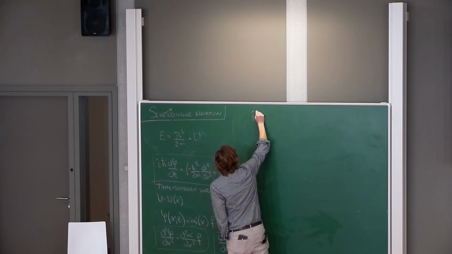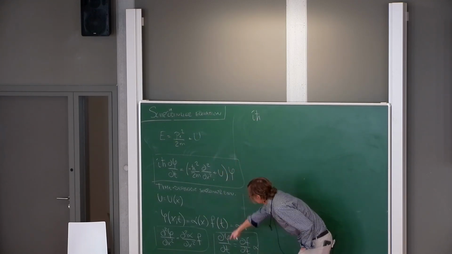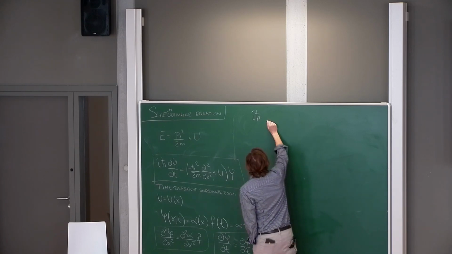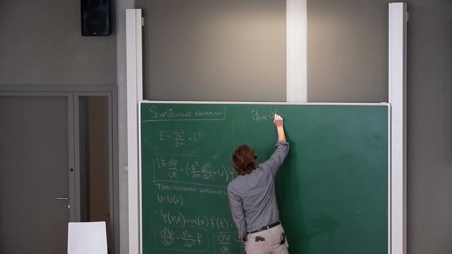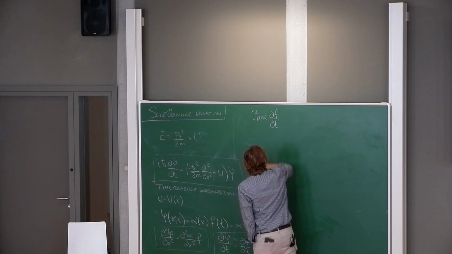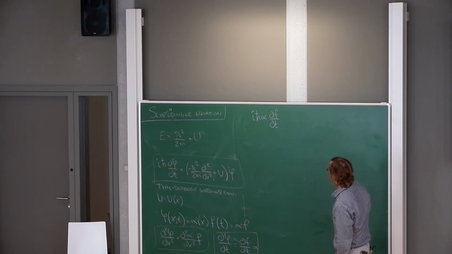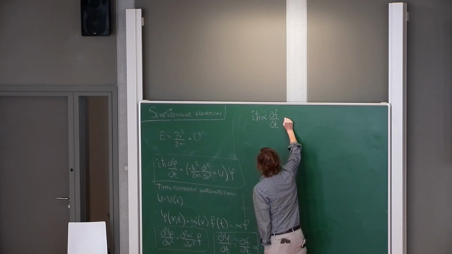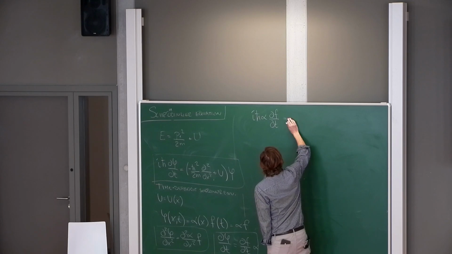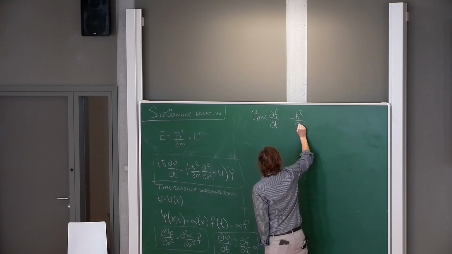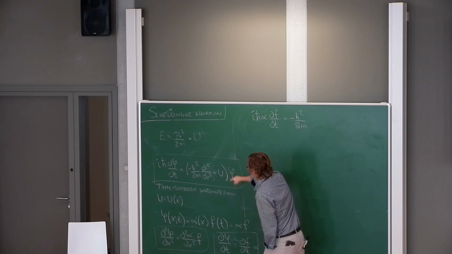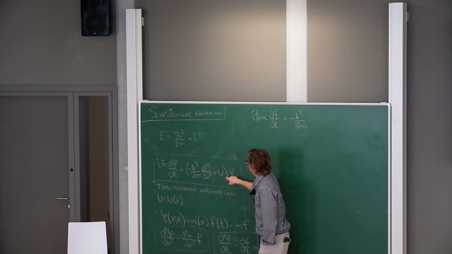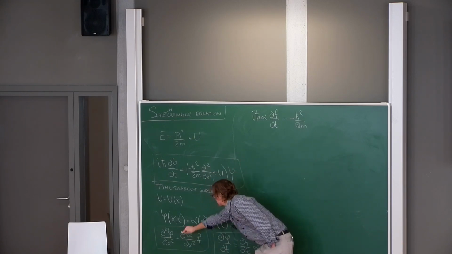We're at I h bar. Instead of dphi/dt, we're going to use this one. So we have alpha df/dt. And then we're going to have this to be minus h bar squared divided by 2m. And then we're going to take the d2phi/dx2, which is just that one.